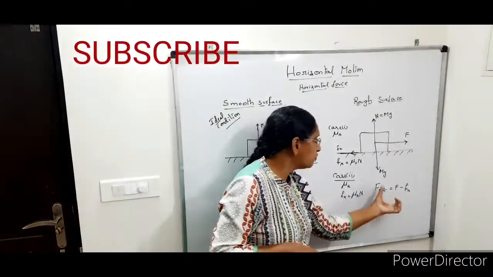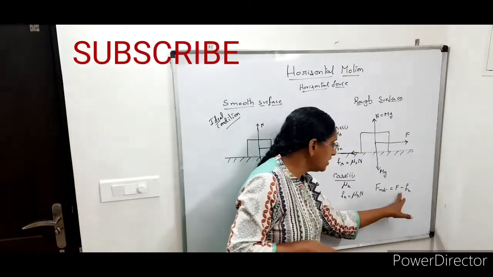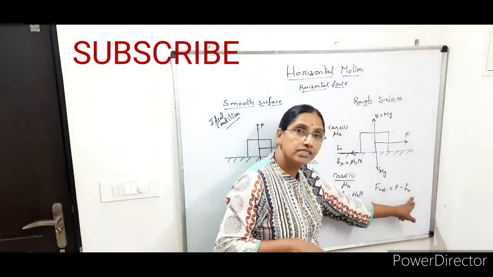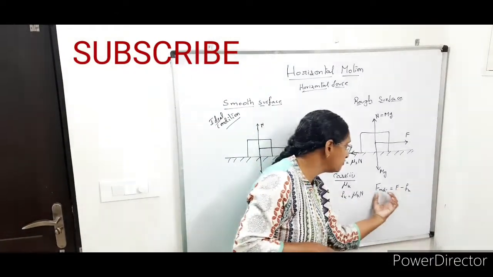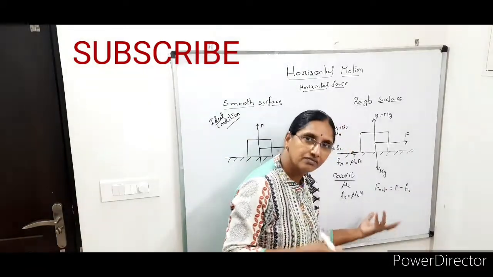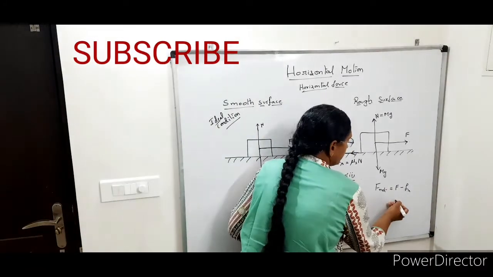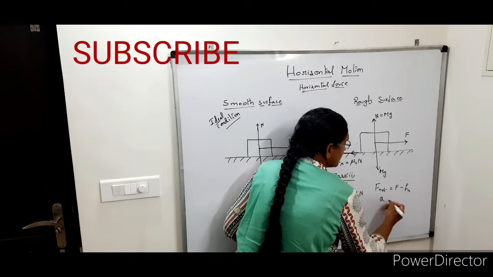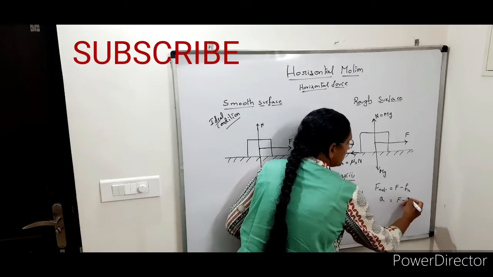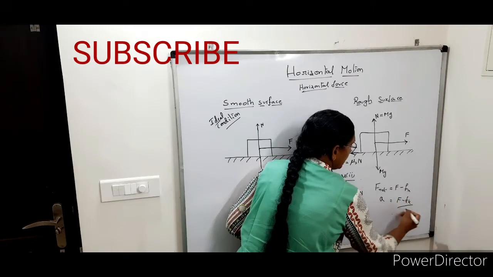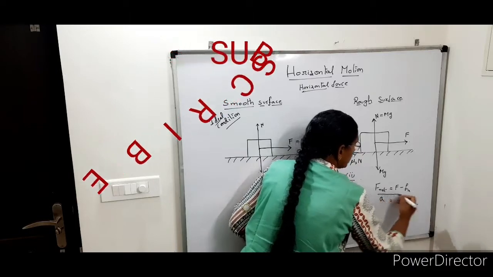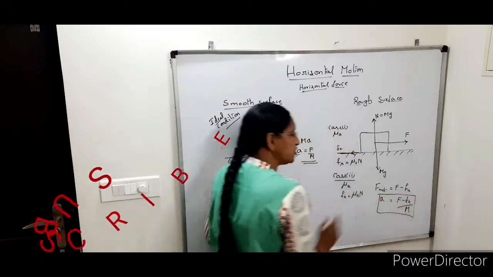So with what force does it move? In one direction it is F, in the opposite direction it is Fk. Therefore the net force is equal to F minus Fk, and the acceleration is equal to F minus Fk divided by m.